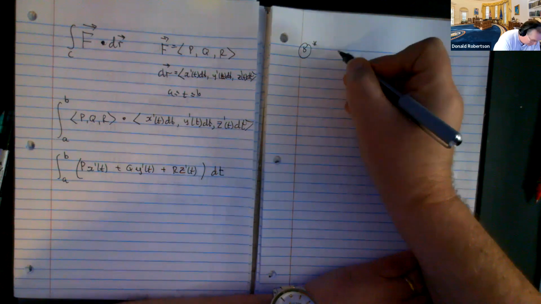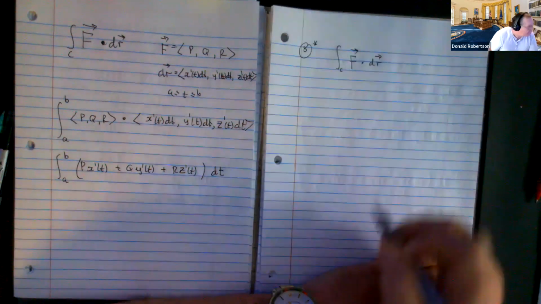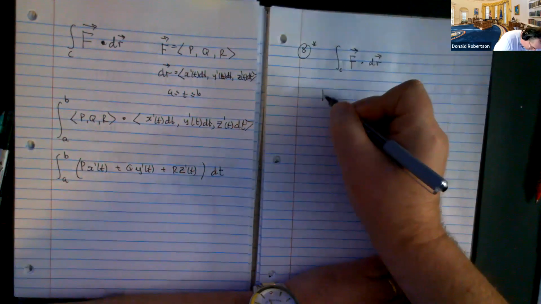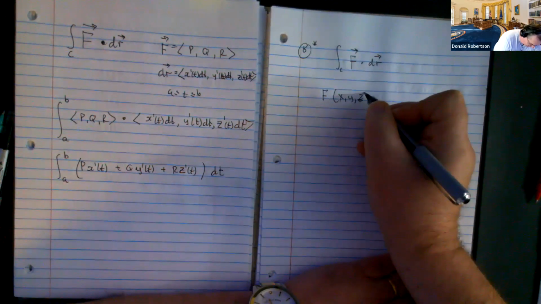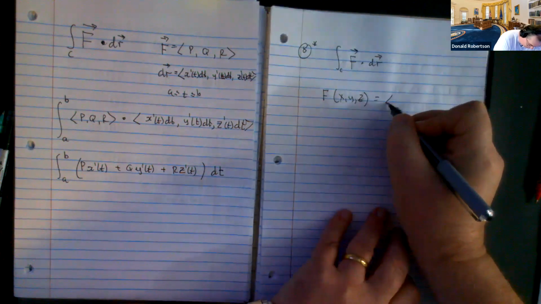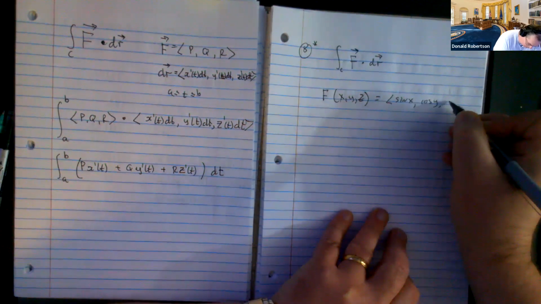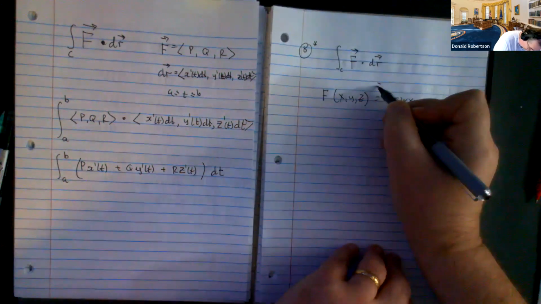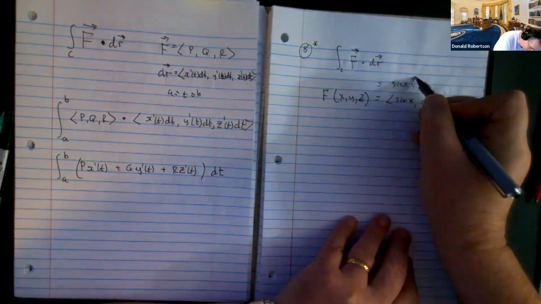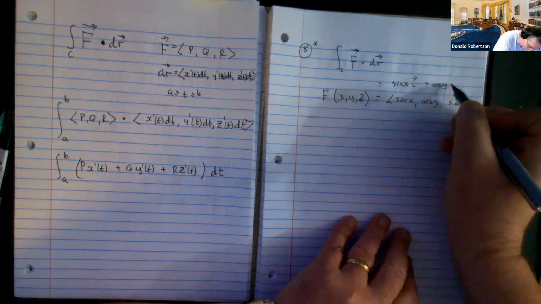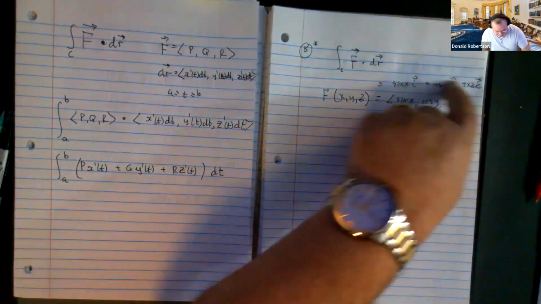Question 8 is a line integral written in differential form. This function, f of x, y, z, is going to be called sine x, cosine y, xz. Actually, they called it sine x i plus cosine y j plus xz k, but I hate that notation, so I just wrote it like that.